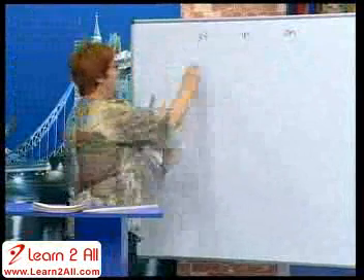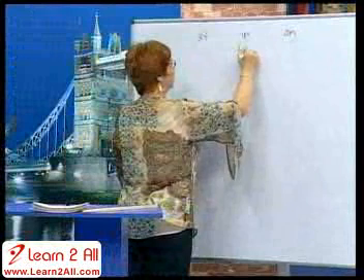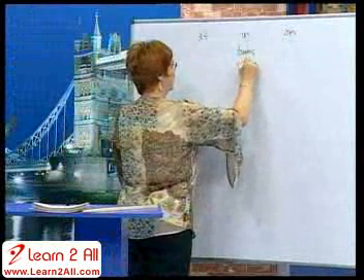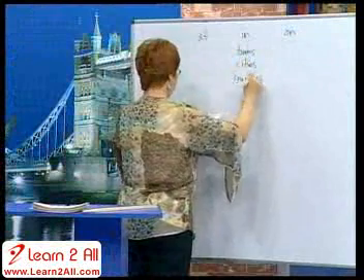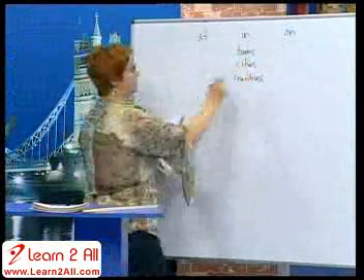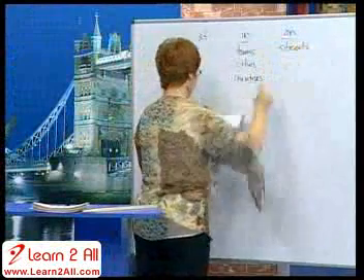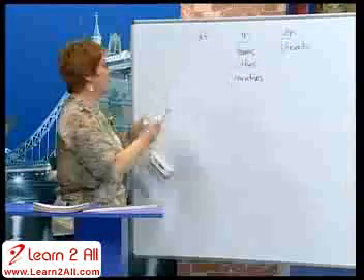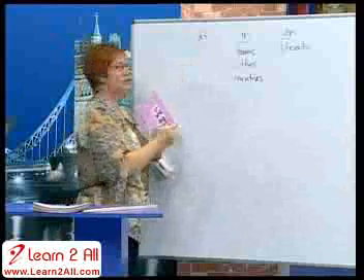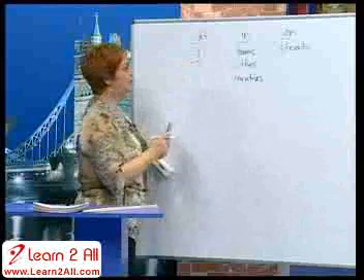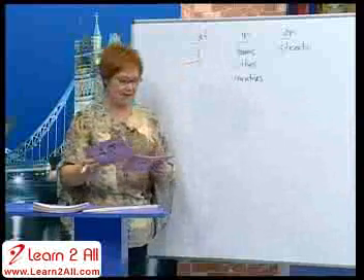We use in for towns, cities, and countries. We use on for streets. And we use at for a special place where maybe two streets meet, like a corner. So, in, on, and at.